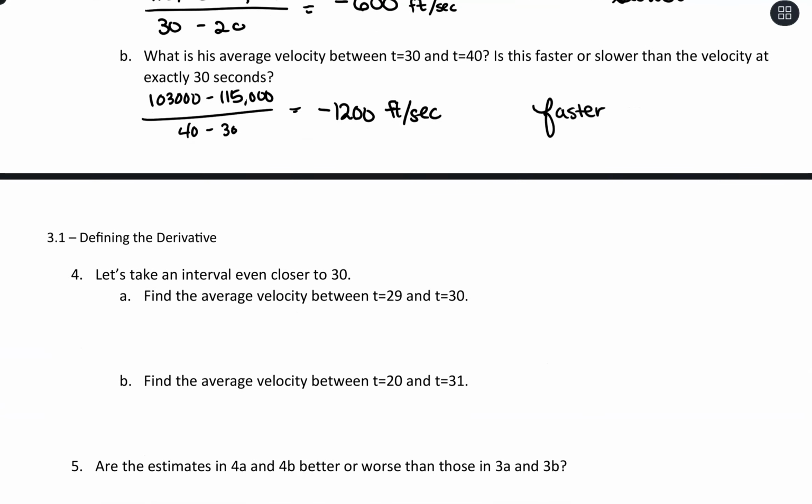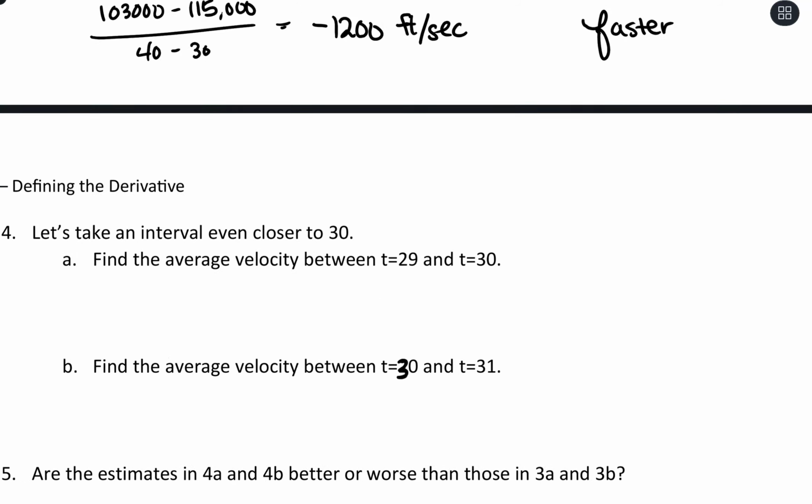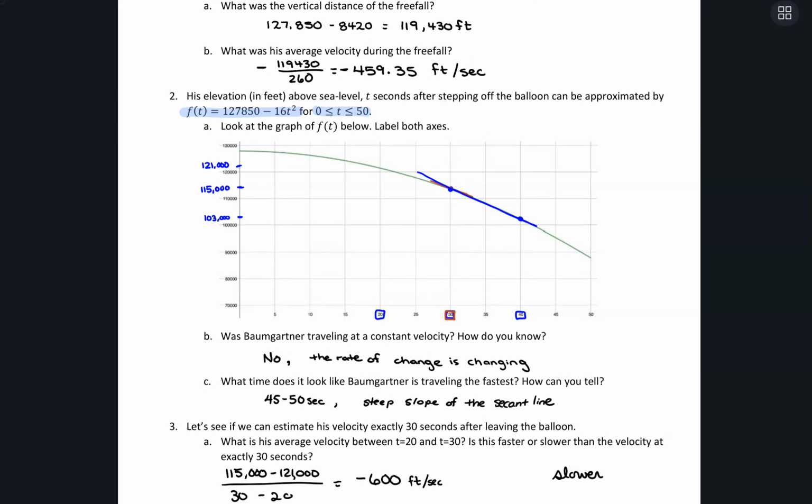Okay, so what if we look even closer to 30? So we went pretty far away with the 10 seconds away, but what if we just use increments of 1 second away? So 29 to 30, and we're not doing 29 to 31, we're doing 30 to 31. So let's see what happens if we get even closer.